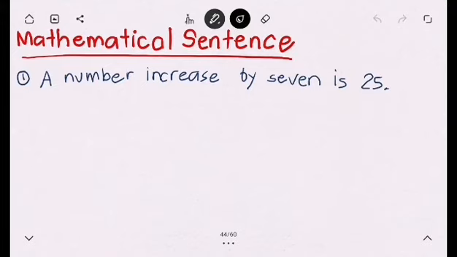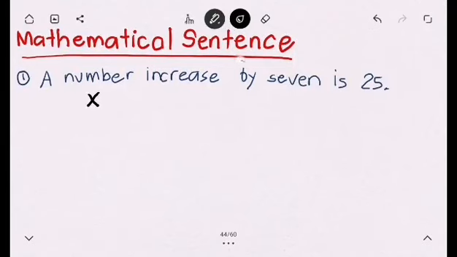If you will analyze, a number, ibig sabihin, this is an unidentified number. So, this can be represented by any letter na merong value. So, in this lesson, ang gagamitin natin is, let's say, x. So, laging x ang gagamitin natin para sa lesson natin dito.